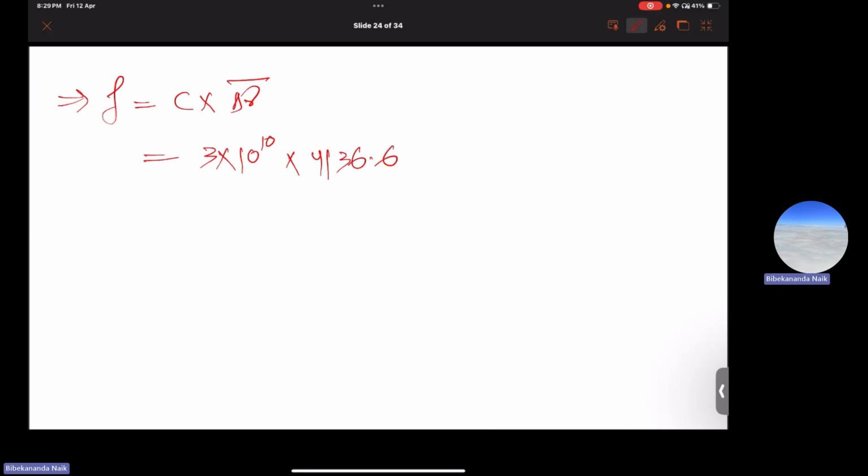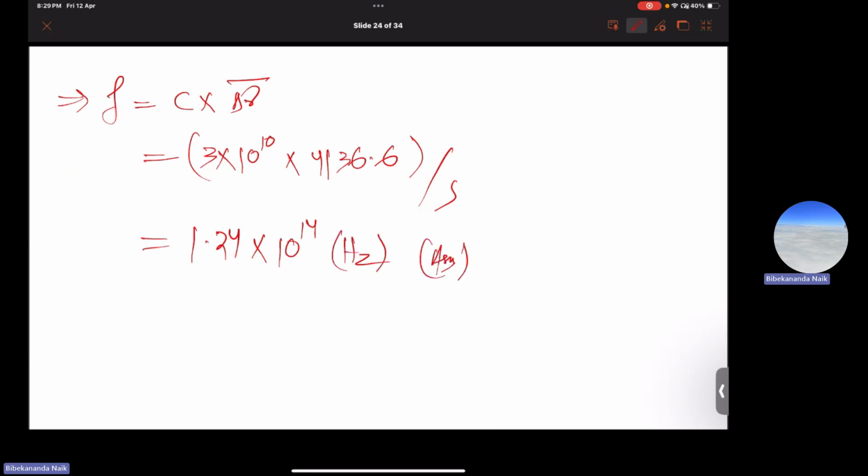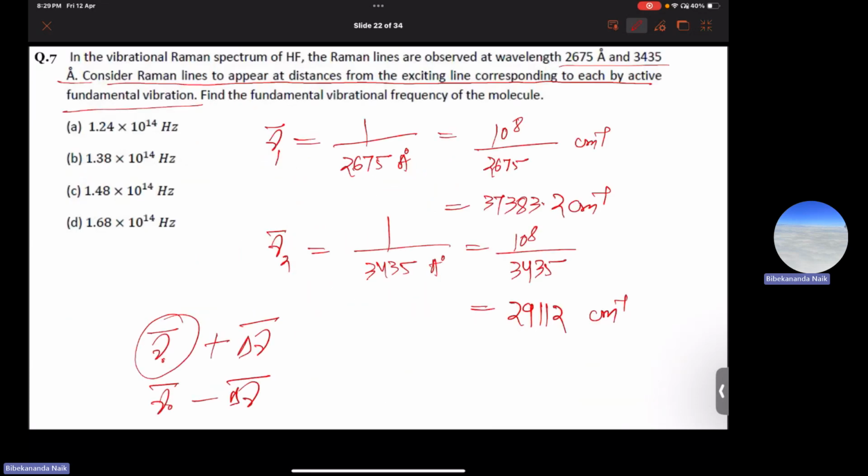Here 3 into 10 to the power 8 is the value of c, the velocity of light, and 4136.6 centimeter inverse into 10 to the power 2 is meter inverse, so it will be per second. So it is 1.24 into 10 to the power 14 per second, which is hertz. So this is the answer. The correct answer is option A, 1.24 into 10 to the power 14 hertz.